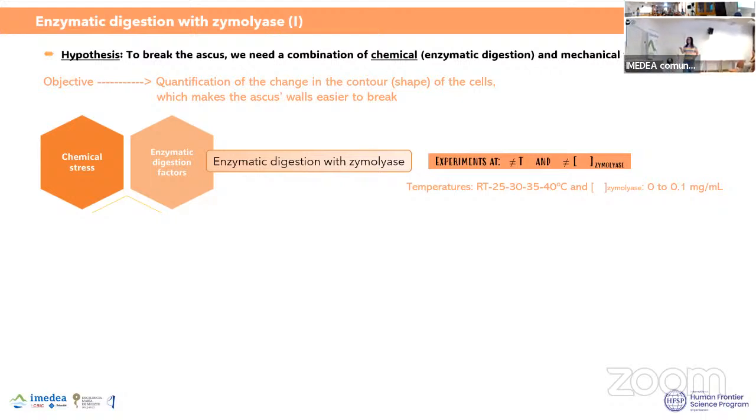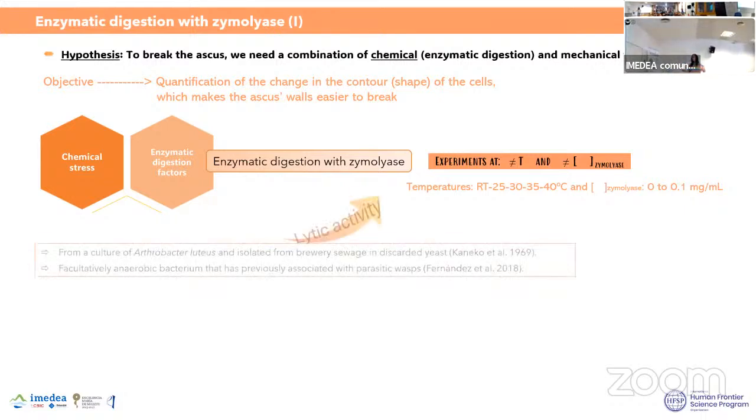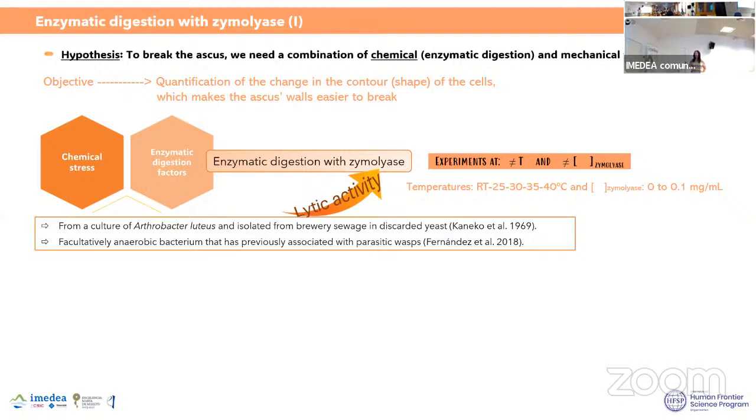We did this at different temperatures, from room temperature up to 40 degrees, and with different concentrations of zymolyase, from 0 to 0.1 in different ranges. Why are we using zymolyase? This enzyme has a lot of lytic activity, and it was found in a culture of Arthrobacter luteus, a facultatively anaerobic bacterium previously associated with parasitic wasps.